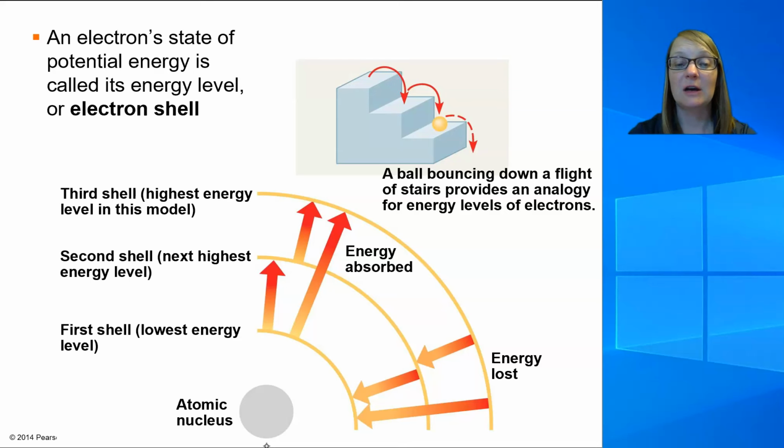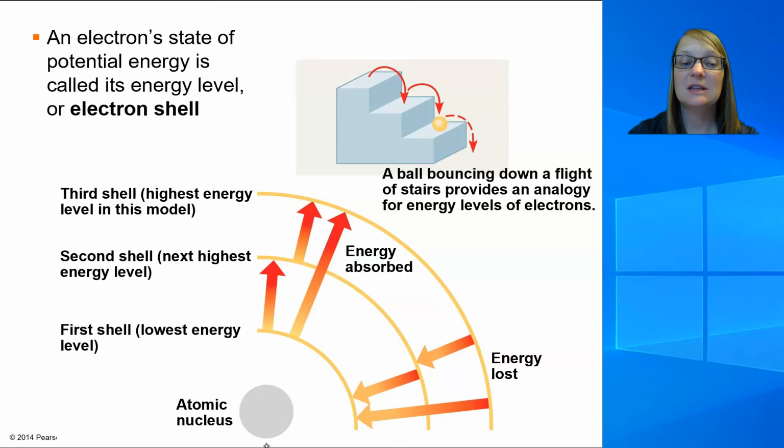Now, if an electron wants to move shells, it's going to have to either give up or accept extra energy so that it has the right amount of energy to sit in that other energy shell. So let's think about this for a second. I'm just going to use arbitrary units for this example.